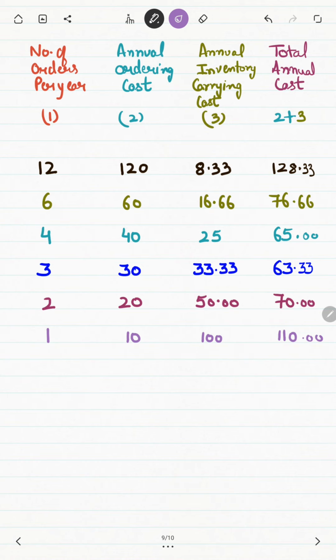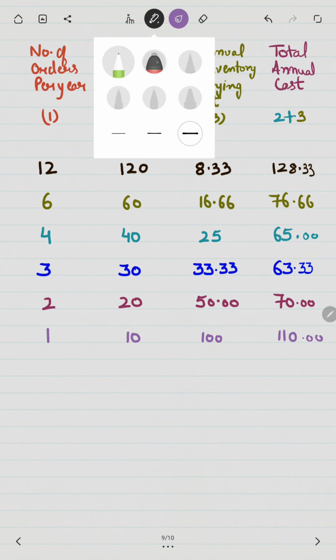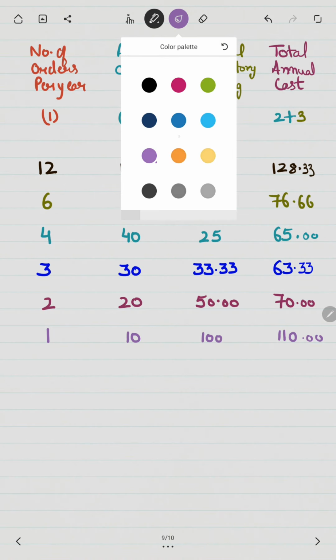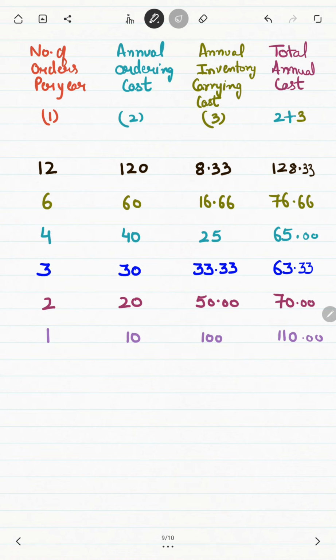So from the above values we can easily identify that if an order is placed every 4 months, see this, the darkened area, this is our best choice. If the order is placed every 4 months, a total of 3 orders will be placed, thus leading to the minimum annual cost.